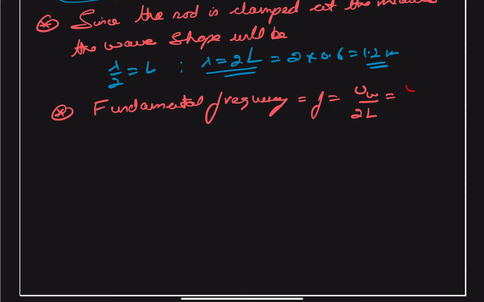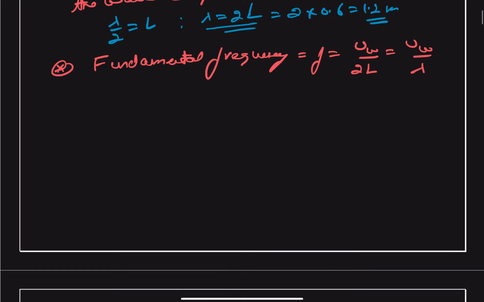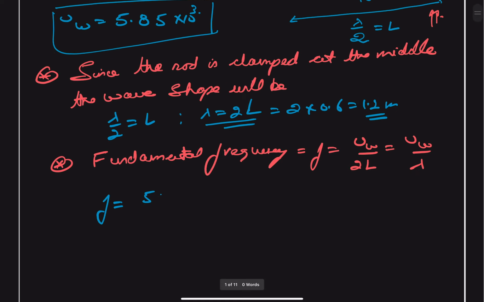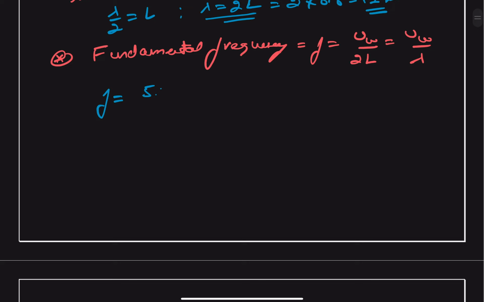So we already know all the values, so we can say our frequency will be equal to the wave velocity we found out, 5.85 into 10 to the power 3, divided by lambda, which is 1.2 meters.